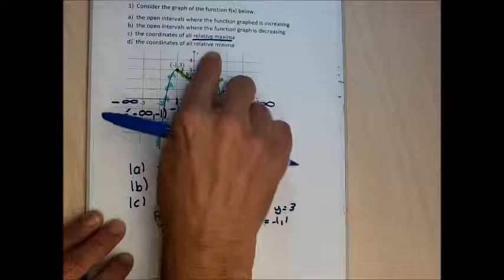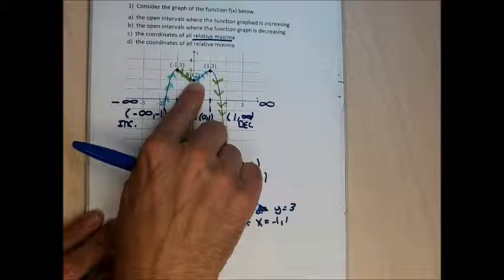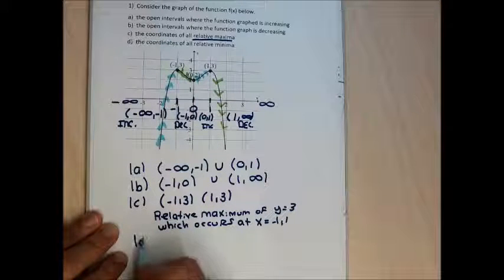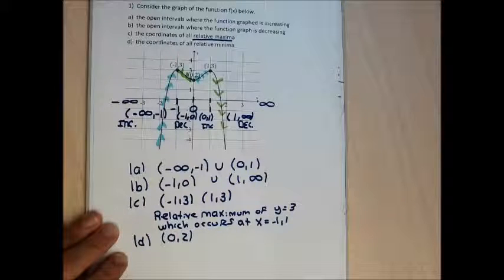And for 1D, the point 0, 2 is the relative minimum. It's lower than any point that's kind of close to it. And for 1D, if you wrote just the point 0, 2 as the relative minimum, that would be okay.